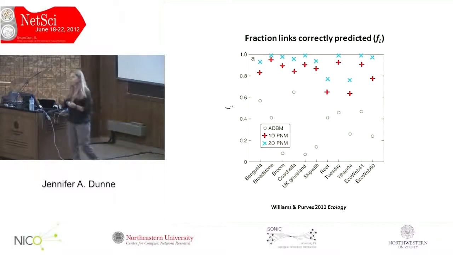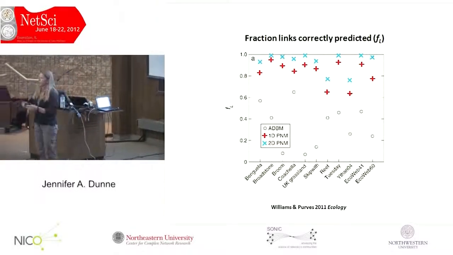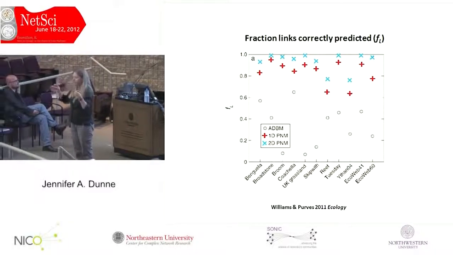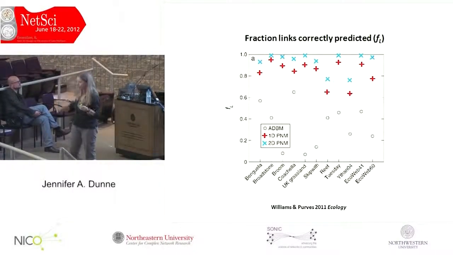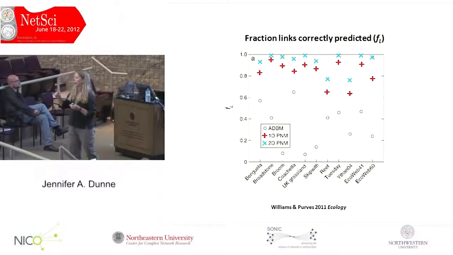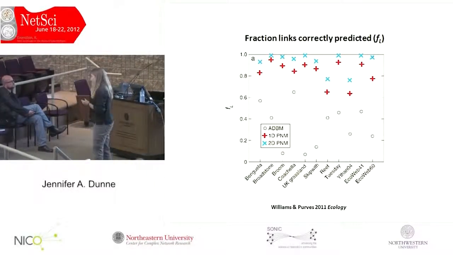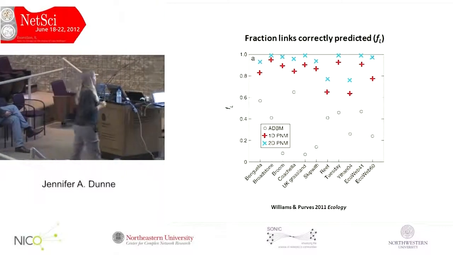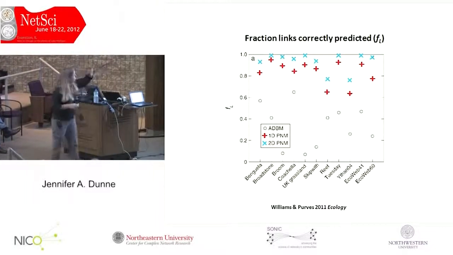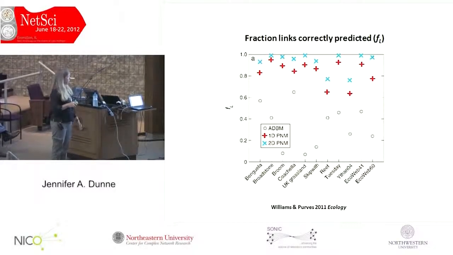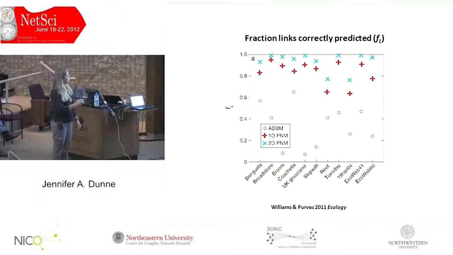It's looking at the overall structure and the detailed structure of the entire network. So you can see the fraction of specific links that are correctly predicted by this type of model, and that allows you to start comparing across these different models. This graphic shows the fraction of links correctly predicted by 3 different models across several different food webs.